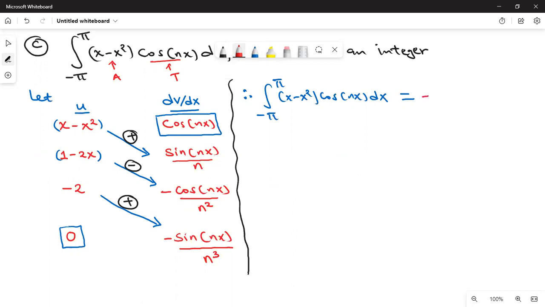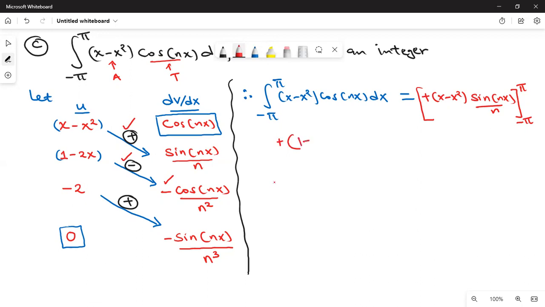Of course, it is positive, positive x minus x squared times sine of nx over n. Remember, the limits are from negative pi to pi. X is negative pi to x is equal to pi. The other one is where we have the negatives. Remember, this negative and this other negative will cancel, so we'll have positive. So the next is again positive, because the negative times another negative gives us positive.